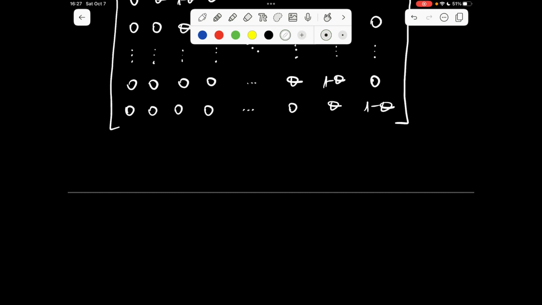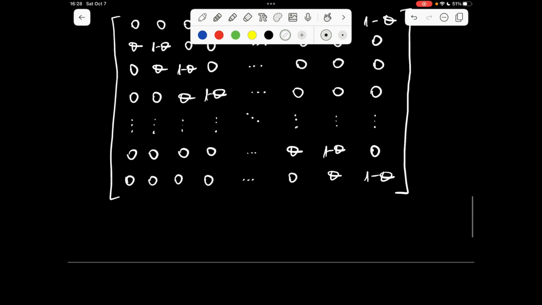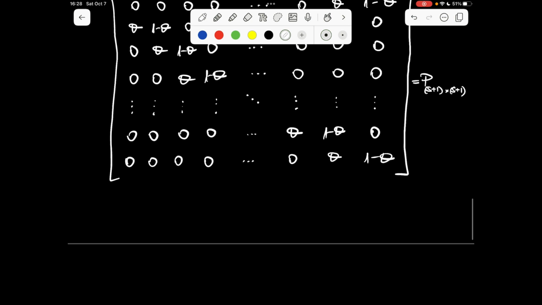S was chosen arbitrarily. But please be aware that the matrix has s plus 1 times s plus 1 dimensions. So the unique invariant distribution vector also has s plus 1 dimensions.